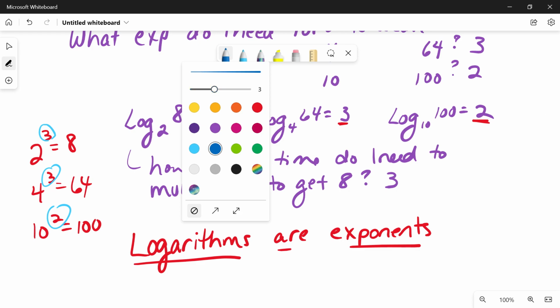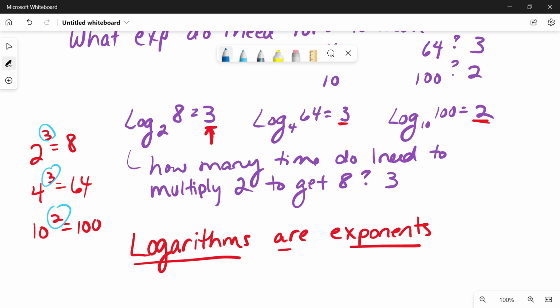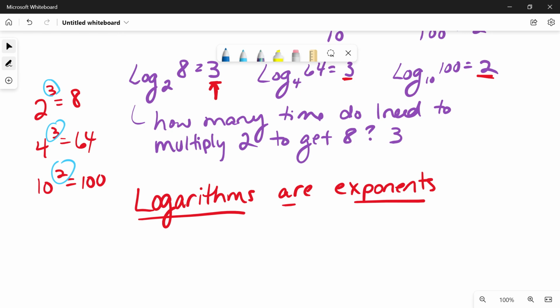Looking at this, just a basic little pattern for you here: 2 cubed equals 8 as our pattern. We've got b to the L equals N. There's the base, this is the exponent, and then it equals 8, the number.